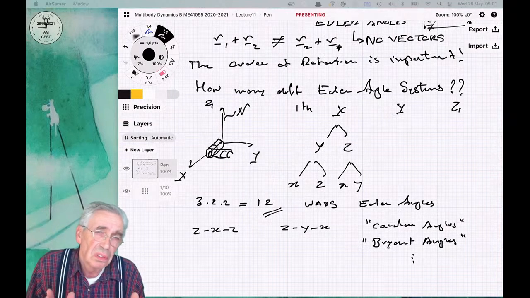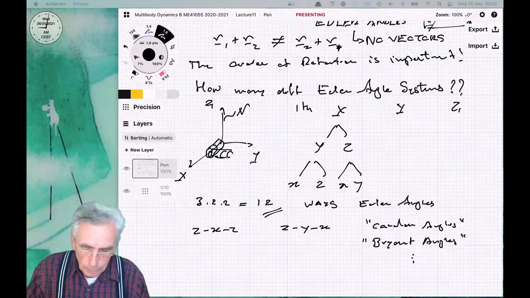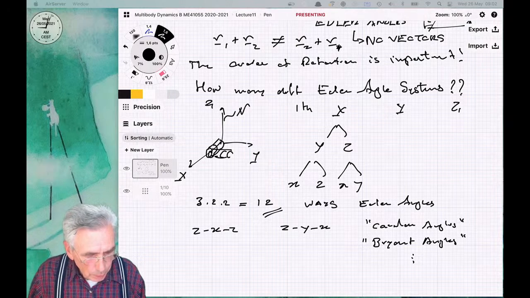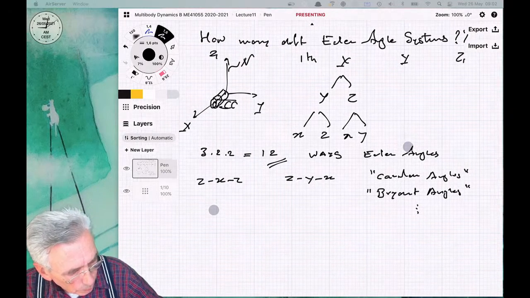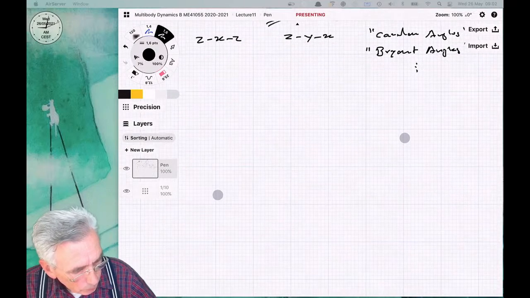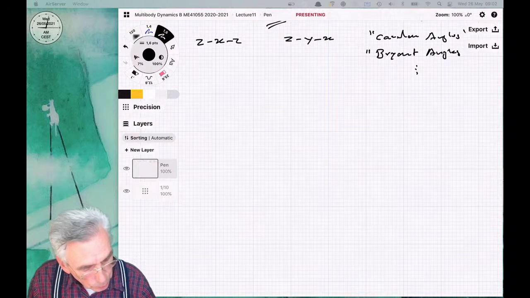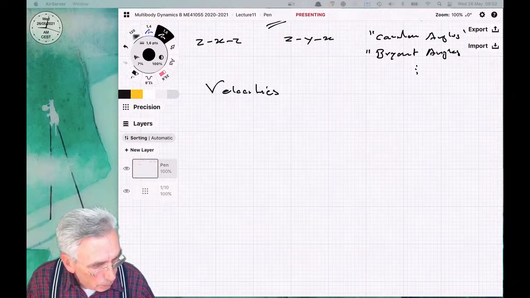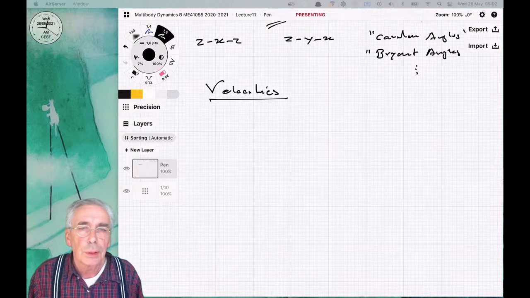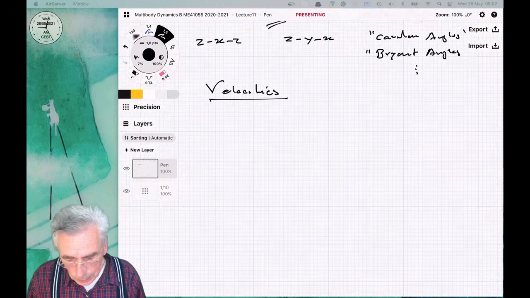I mean, you could do other angles, but yeah, it makes everything more complicated. Okie dokie. So that's where we left off. The next step is, of course, velocities. Until now, we looked at describing position, and the next step is velocities, and after that, accelerations.